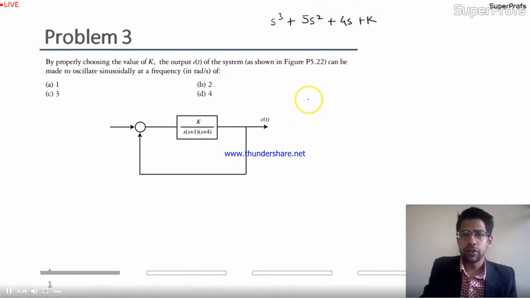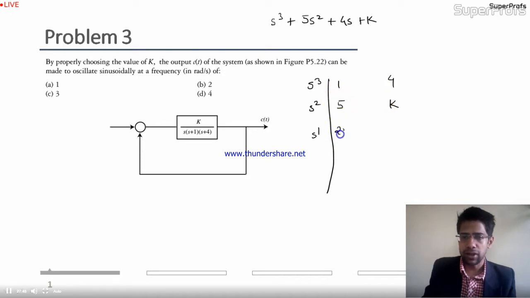So if you build the Routh array, you get 1, then 4, then you get 5 and 8. So for the s to the 1 row value, you need to get (5 into 4 minus k) divided by 5.